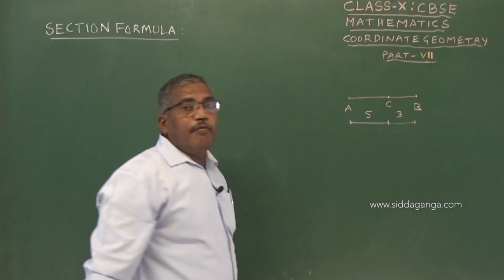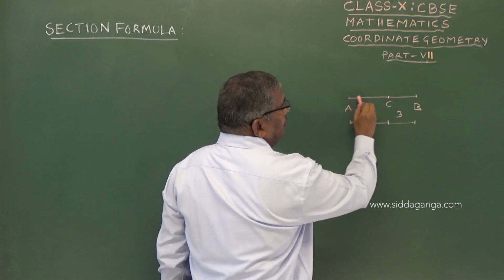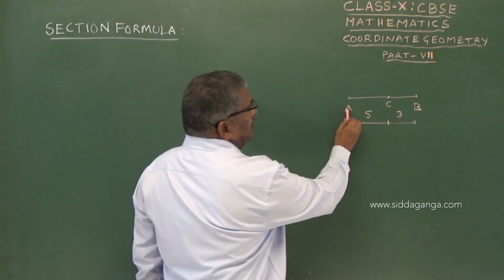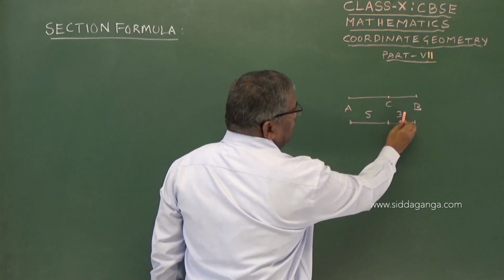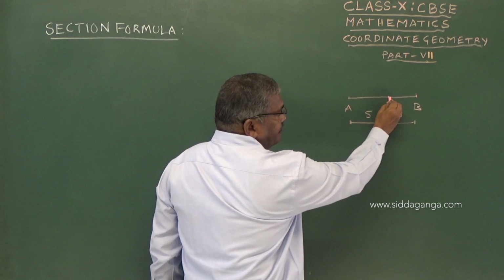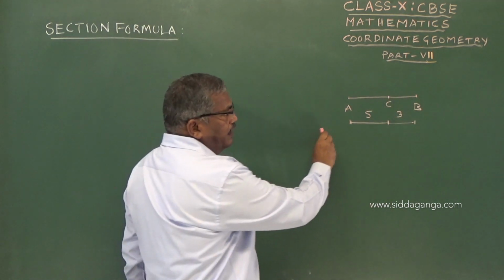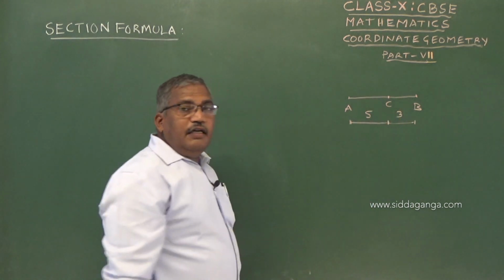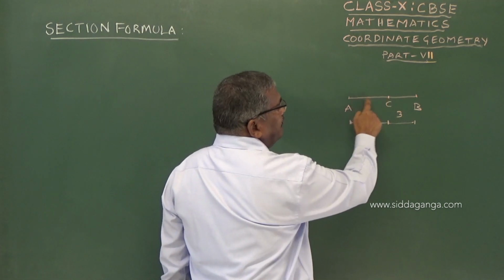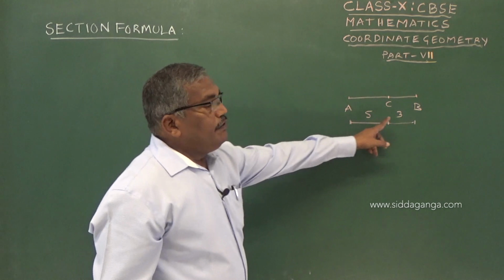Then we say, because the point C is in between AB and the distance AC is 5, CB is 3, then we say the point C divides line AB internally, because it is in between AB, in the ratio 5:3.